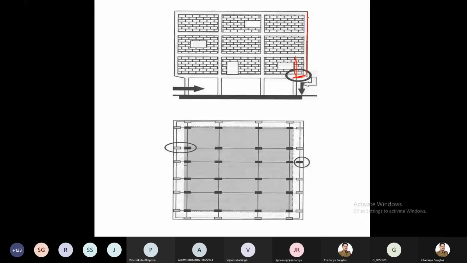This column is taking the load of this floor in this direction, right? At this particular point, this column doesn't continue up to the foundation. Now this column is resting on this beam.